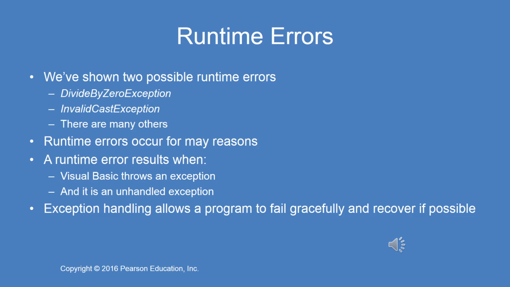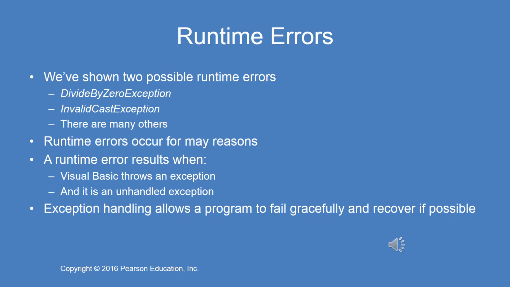So the two possible runtime errors that we've seen so far: divide by 0 and an invalid cast, trying to cast a text character as an integer, etc. So runtime errors result when Visual Basic throws what's called an exception. And it is an unhandled exception, which means the program doesn't know what to do.